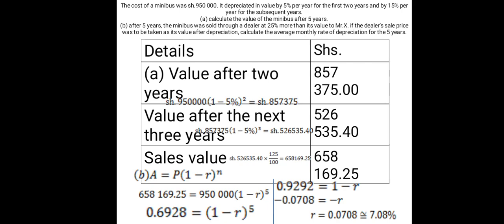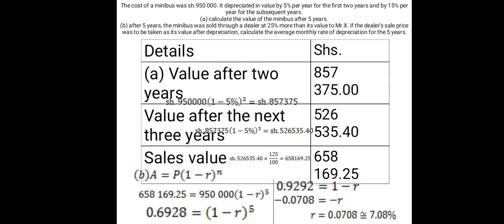So part A, the value after 2 years. We use the compound formula for depreciation, that is amount is equal to 1 minus rate raised to the number of years. So after 2 years, the value will be 857,375.